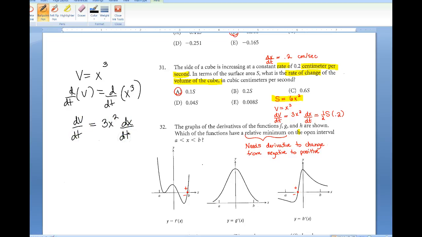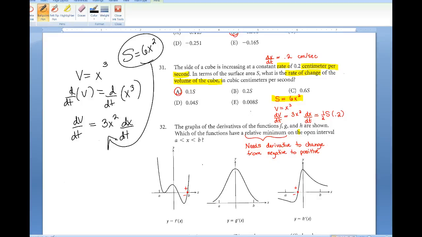Now remember, S is equal to 6x squared. So you have to try to relate this somehow to the dV/dt. All I did was recognize that 6x squared is just 3x squared times 2.